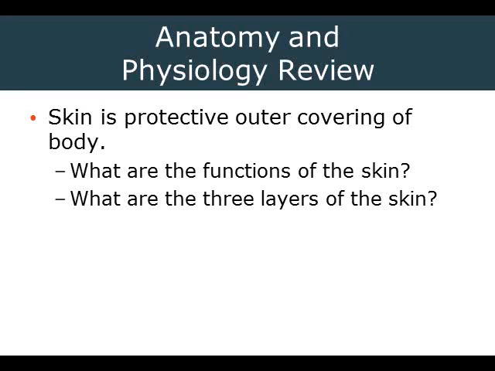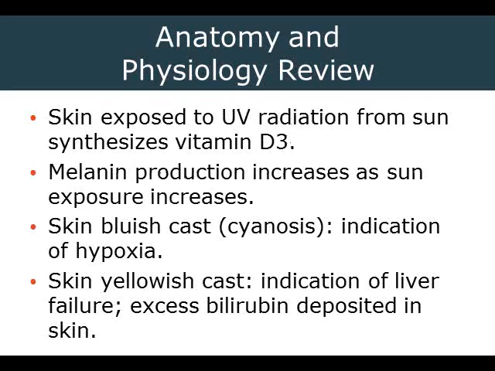Now, as our skin gets exposed to UV light, we synthesize vitamin D3, and D3 is a precursor to our human hormone calcitriol, and calcitriol is vital for our absorption of calcium and phosphorus.